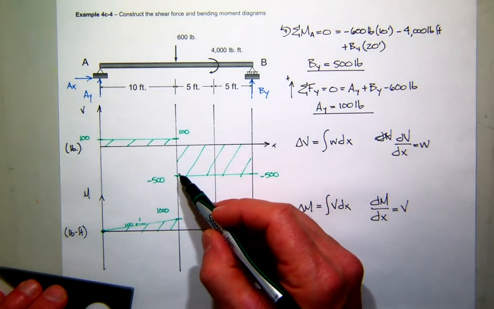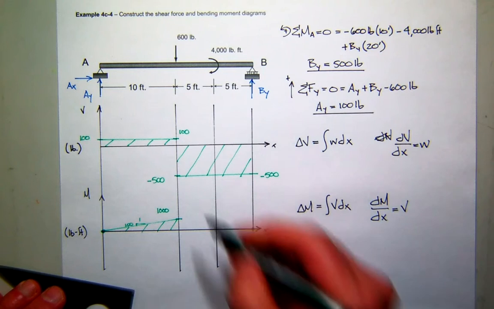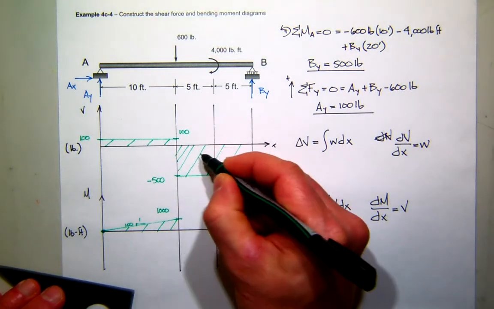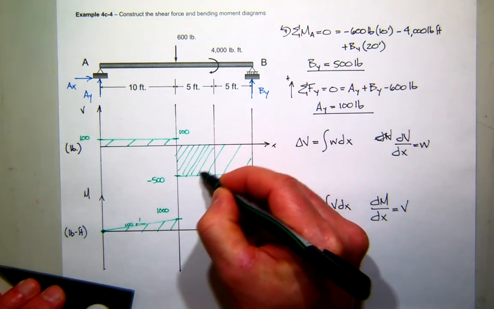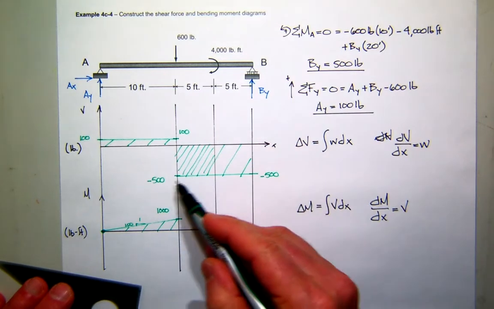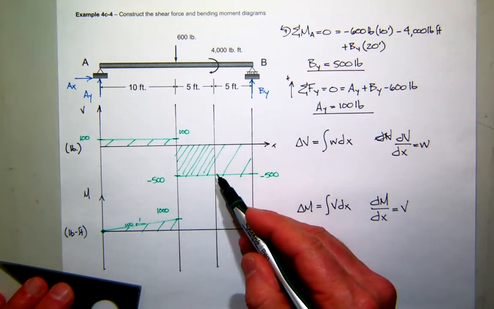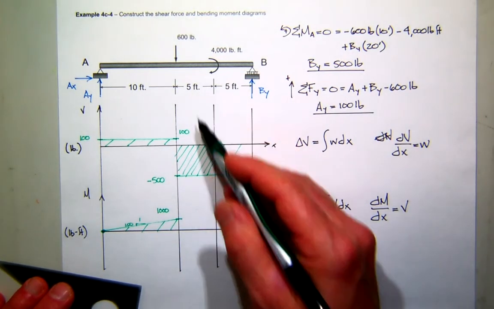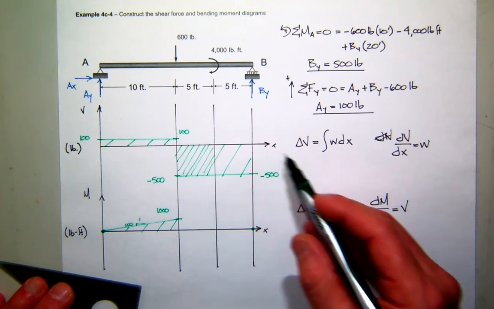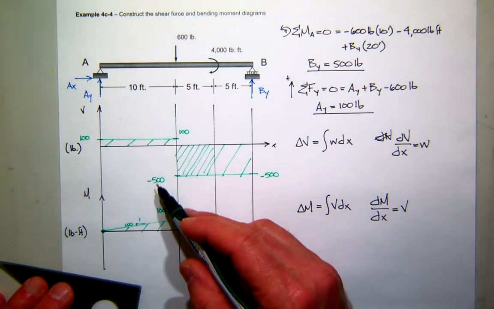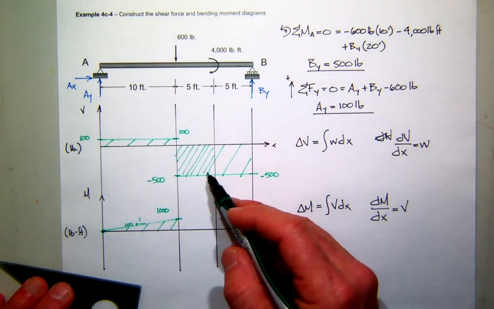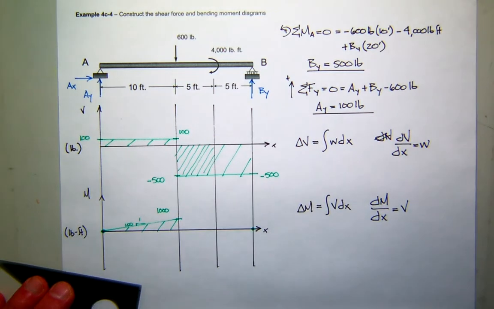So let's just look at the change in the moment for just, I'll kind of double hatch this section right here. Let's just consider this section of the shear diagram over the next 5 feet. So the area under that part of the curve is going to be minus 500 times 5. So what's that? 2,500?